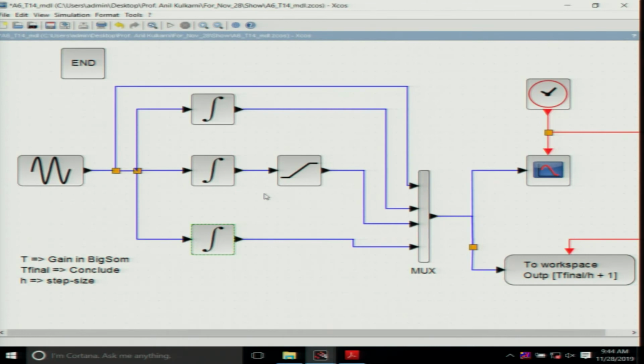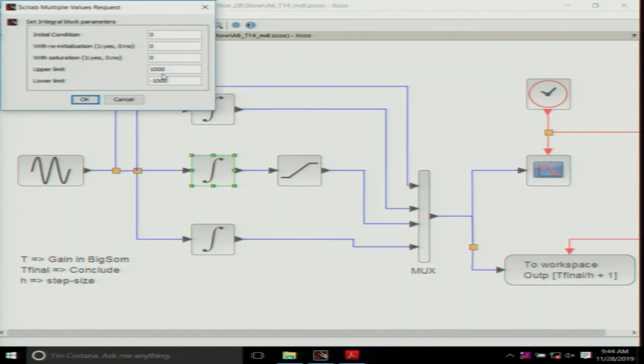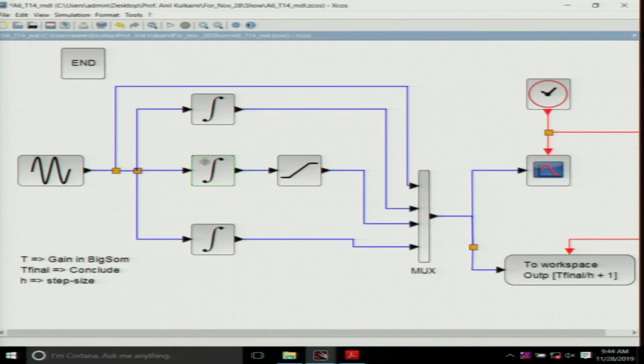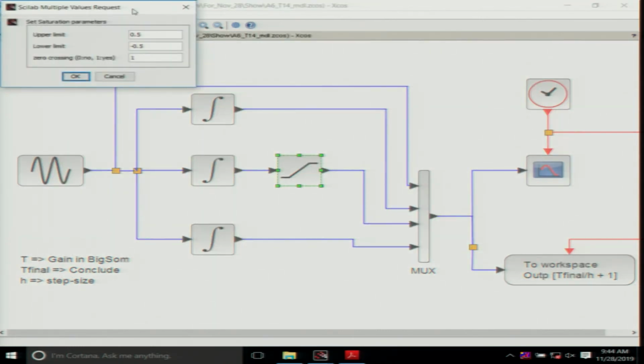In this integrator there is no limit. The upper limits are placed so high, around 1000 and minus 1000, that we will never reach those values. So, for all practical purposes in this simulation, this integrator has no limits, but the output is simply clipped.